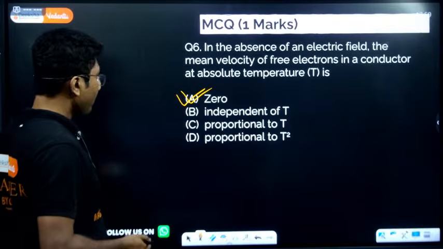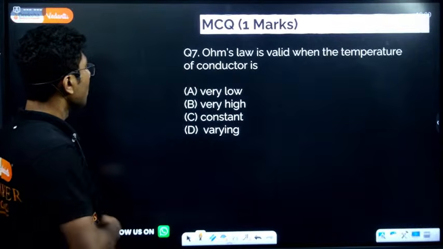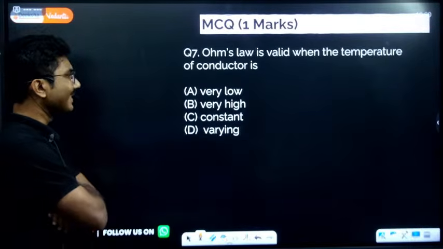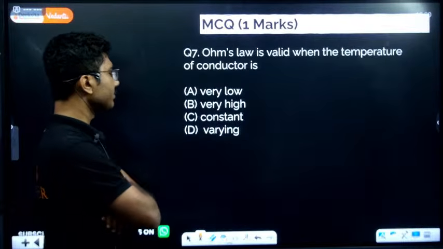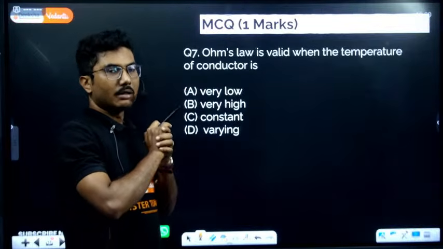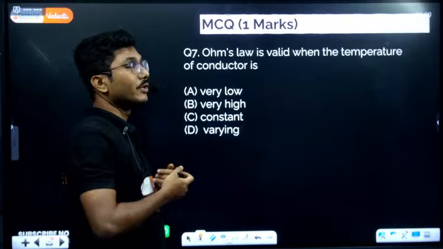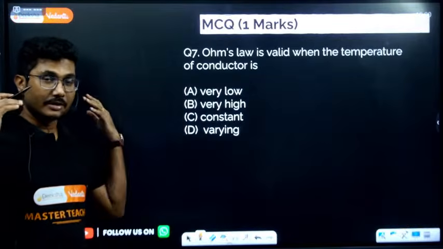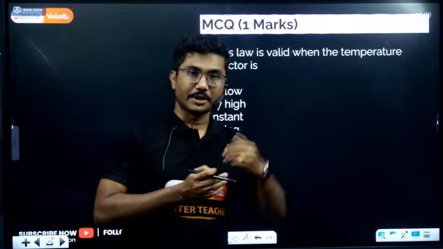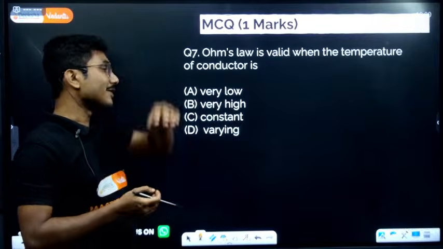Next question. Ohm's law is valid when the temperature of the conductor is very low, very high, constant, or varying. If you remember, the constraint of Ohm's law was that temperature and other physical conditions remain constant. So temperature has to be constant.